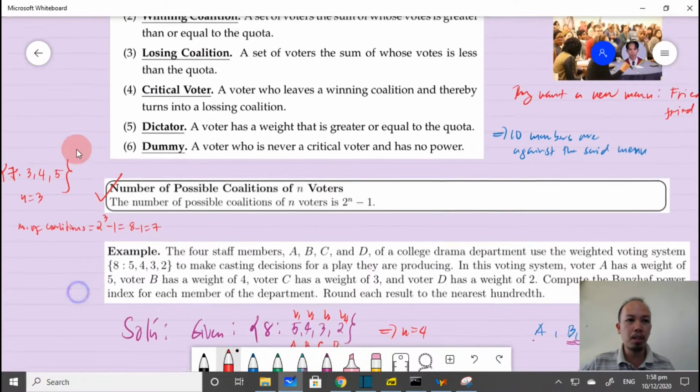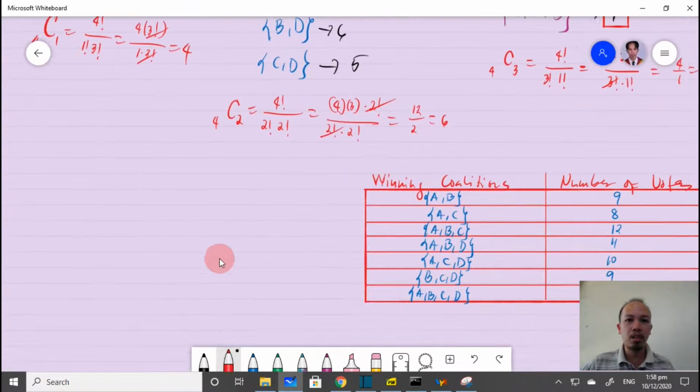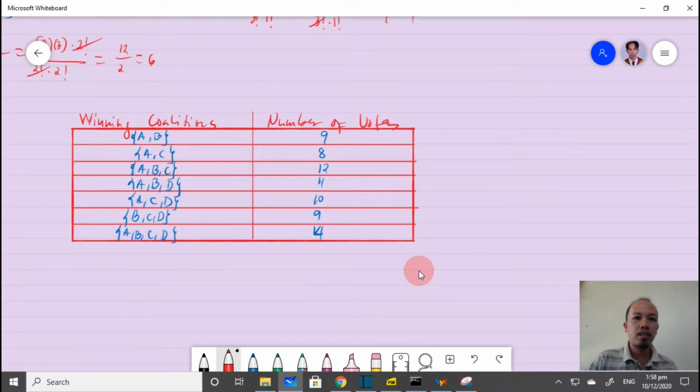That's what we mean by a critical voter. So let's write critical voters here. Remember that, let me write it here: A, B, C, D.